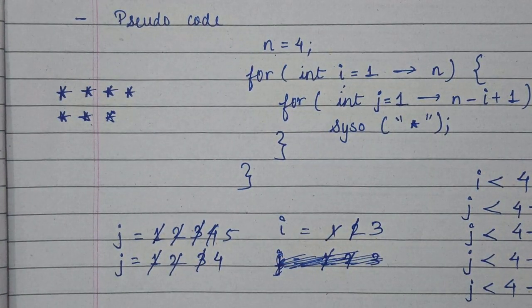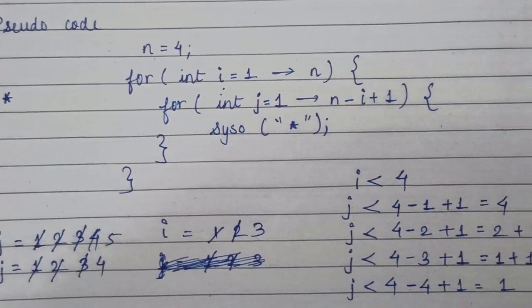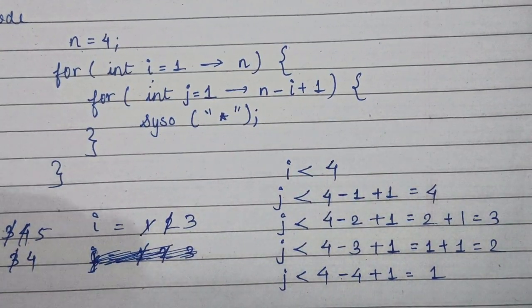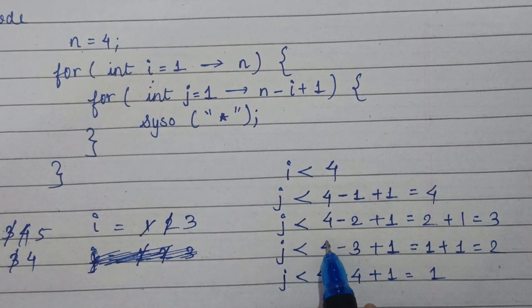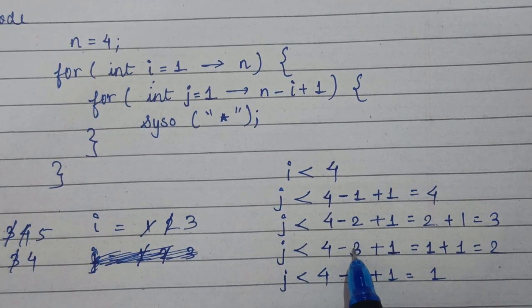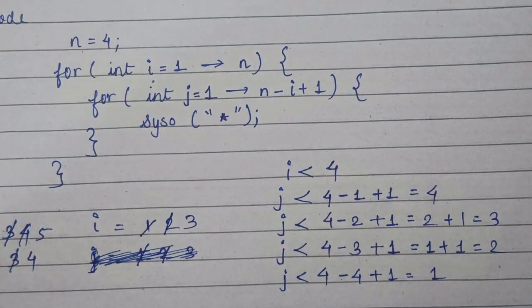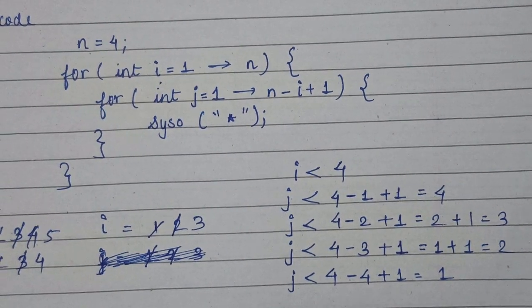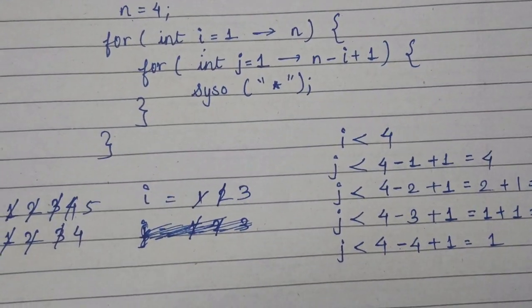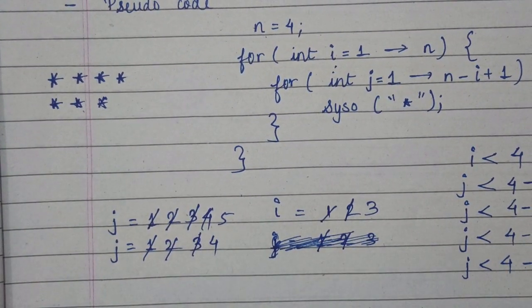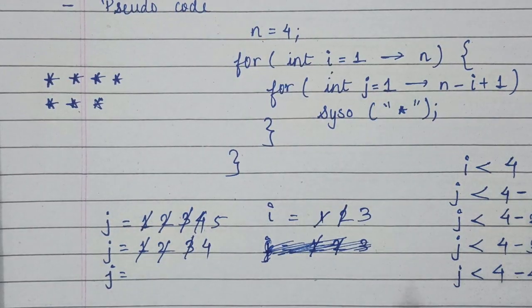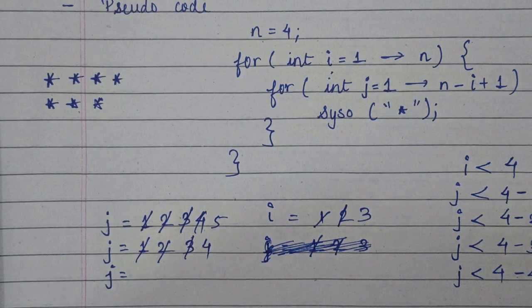Okay, now 4 minus 3, i's current value is 3. 4 minus 3 plus 1 is equal to 1 plus 1, which is equal to 2. Okay, now the limit is 2. Now it will check for i.